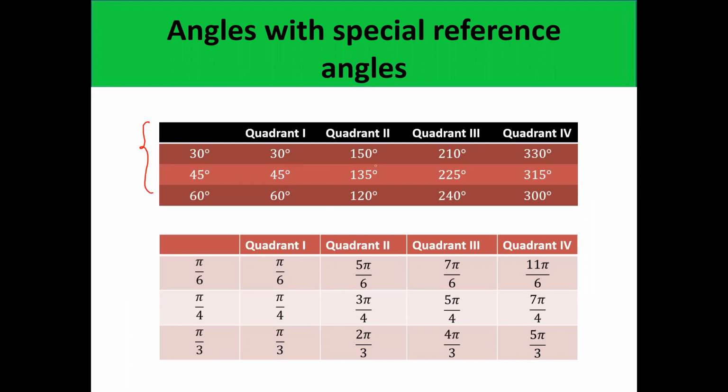Also, whenever the angles are outside quadrant 1, the table shows the reference angles of those angles. For example, 150 degrees is in quadrant 2, and the reference angle of 150 degrees is 30 degrees. The second table also shows us the angles in the different quadrants having the following special angles.